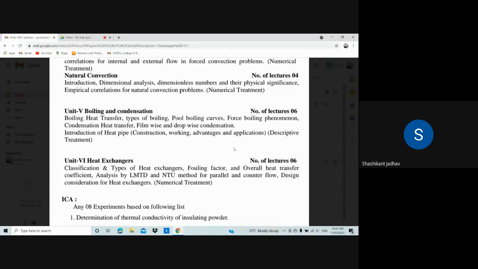Write down the syllabus for boiling and condensation.